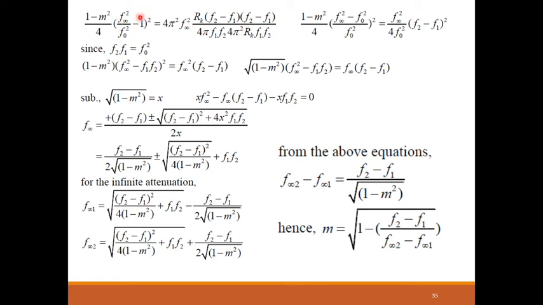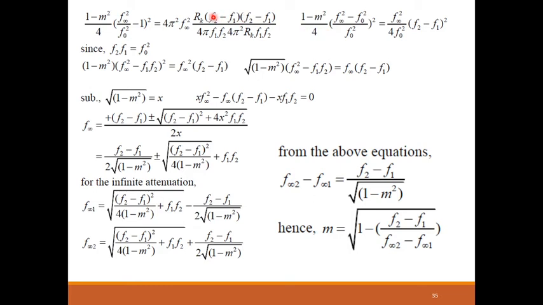We make the cross multiplications, then this expression is like this, and here this 4 pi square and this 4 pi square get eliminated. Then here the Rk, similarly here also the Rk, so it may get cancelled.